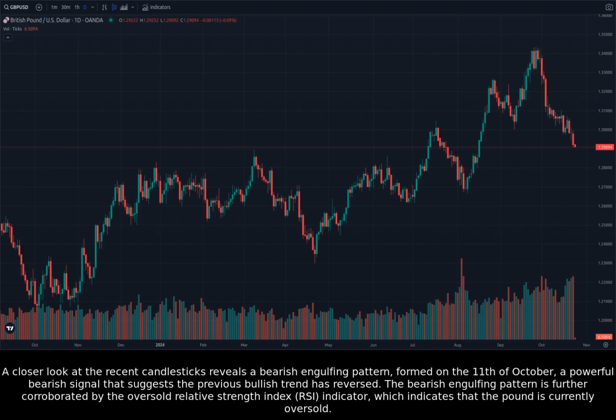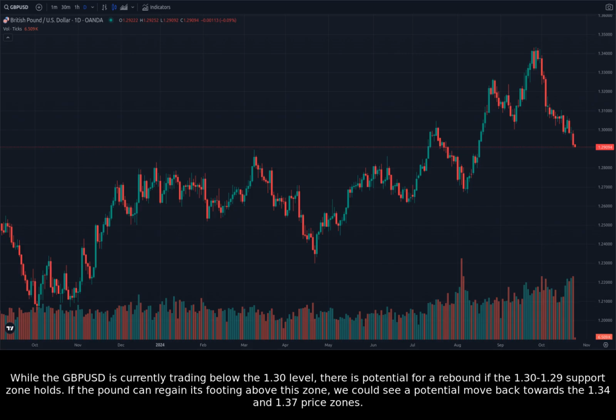The bearish engulfing pattern is further corroborated by the oversold Relative Strength Index, RSI, indicator, which indicates that the pound is currently oversold. While the GBPUSD is currently trading below the 1.30 level, there is potential for a rebound if the 1.30 to 1.29 support zone holds.